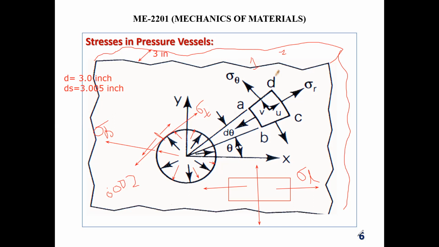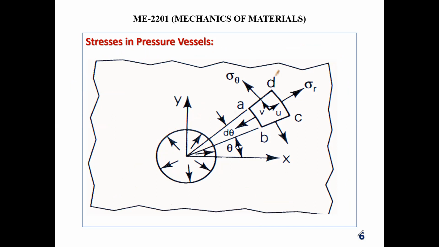Now you see there is some diagram over here. What I did in this diagram, right over here is some material, right? At an angle theta from the x-axis, I make an angle d theta, and I took this portion of material. Obviously you see from here to here you have 1 radius, and from here to here you have 1 radius, right?